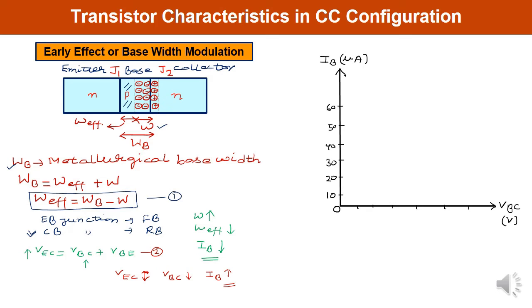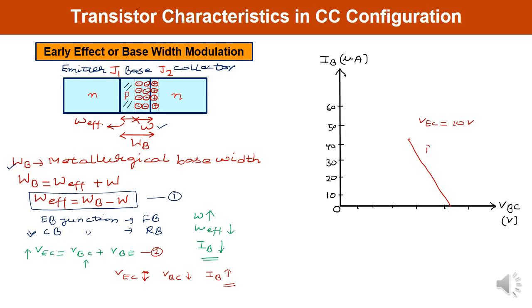First let us plot for, suppose, VEC equal to 10 volt. You can observe VEC is the sum of VBC plus VBE. So if VEC is 10 volt, VBC you calculate from equation number 2. You can observe the type of curve. It will be like in this manner.